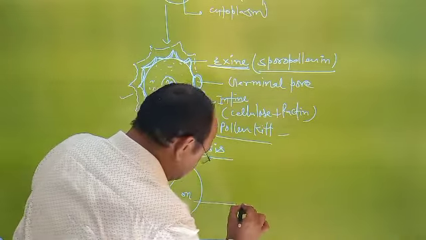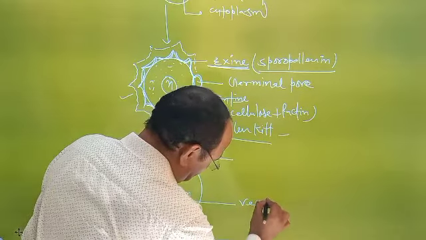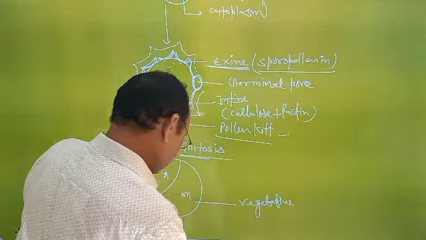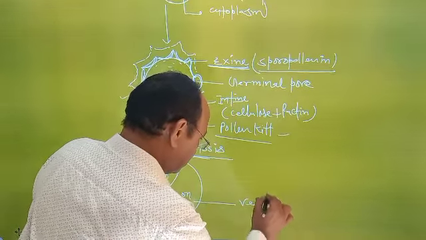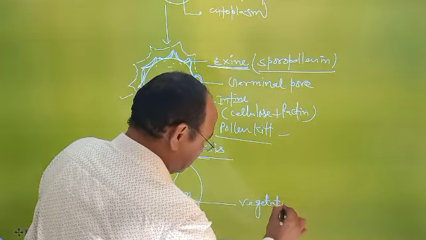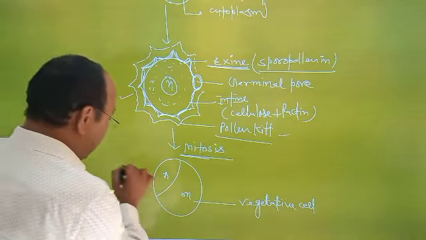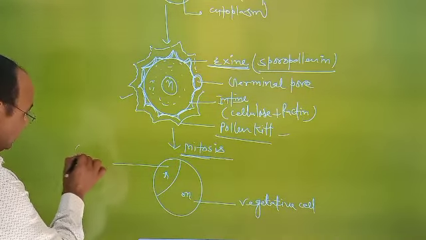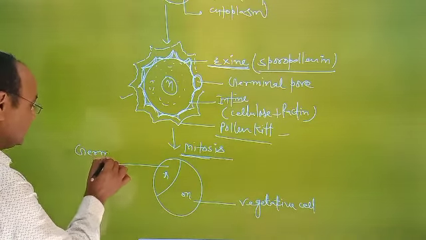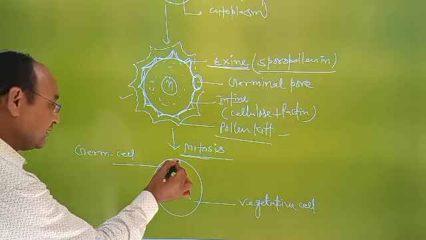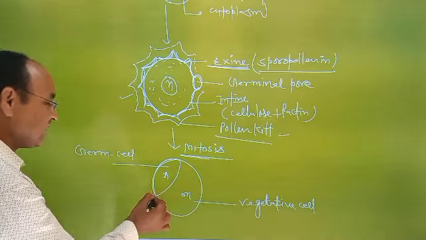The big cell is known as the vegetative cell, and the small cell is known as the germ cell. The small cell is lens shaped.